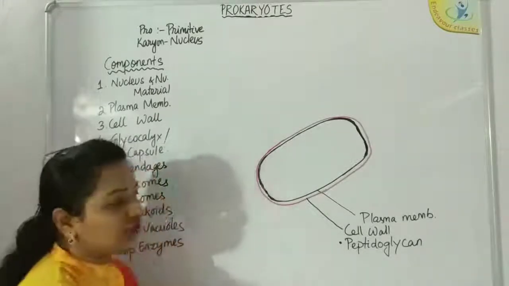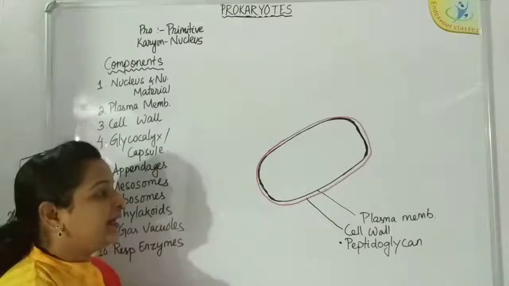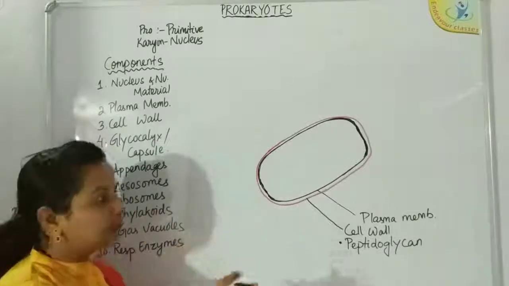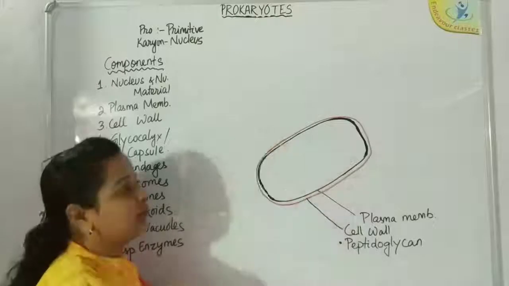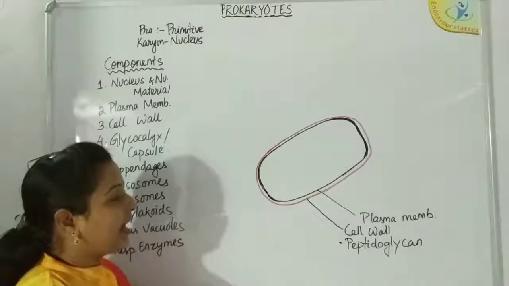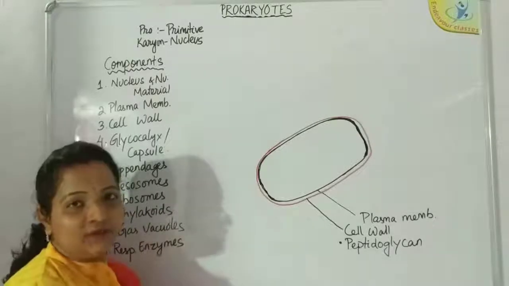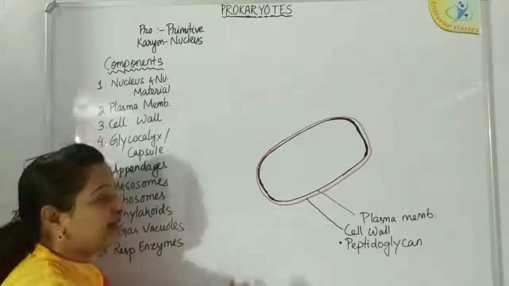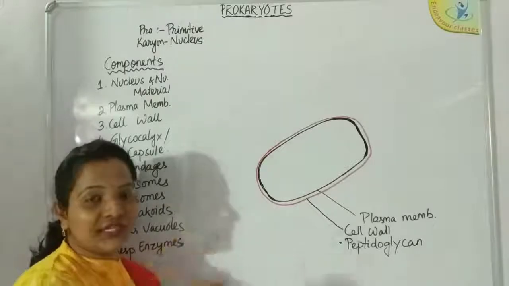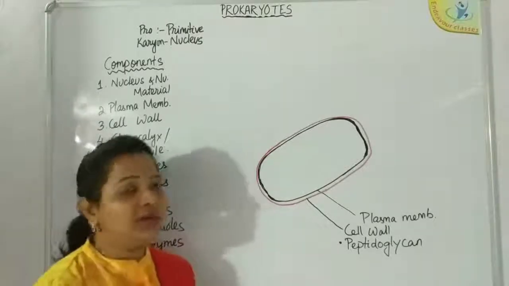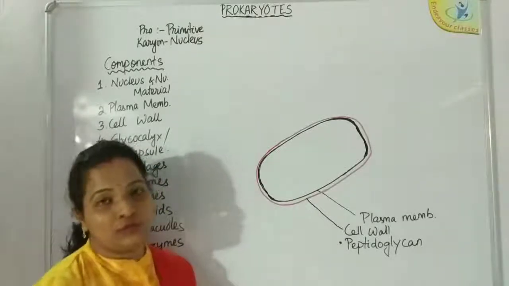So what is the function of this additional cell wall? This provides a definite shape to a prokaryotic cell, and also the cell wall prevents the cell from bursting. When the prokaryotic cell is treated in a hypotonic solution, it takes up lots of water.